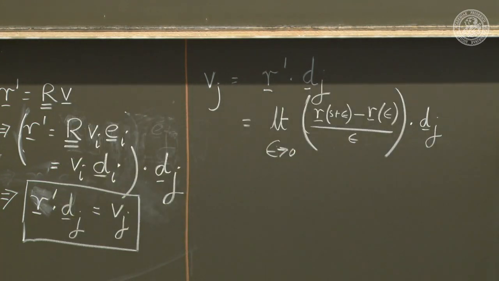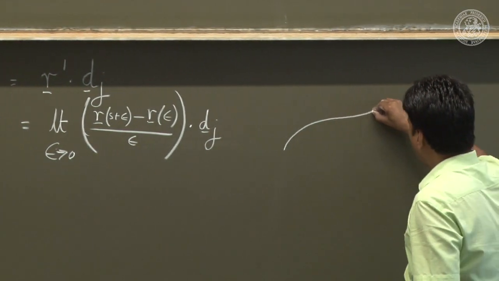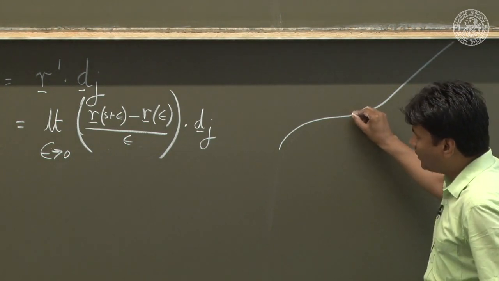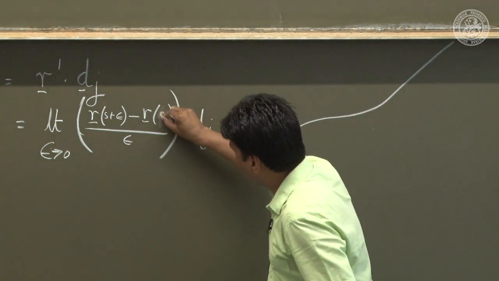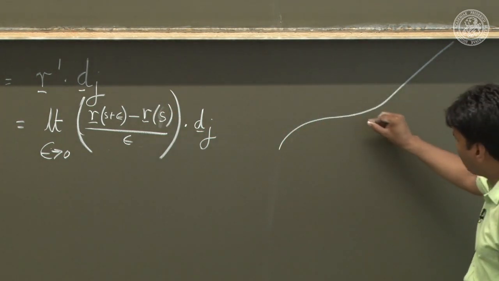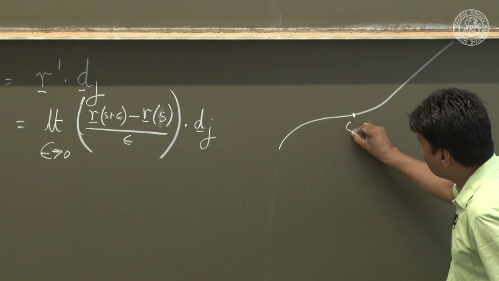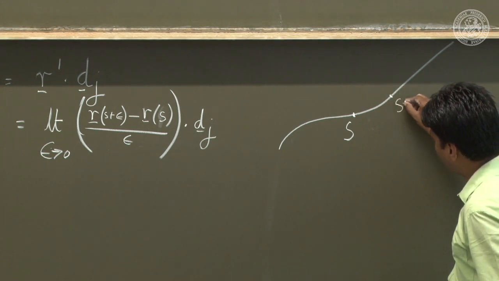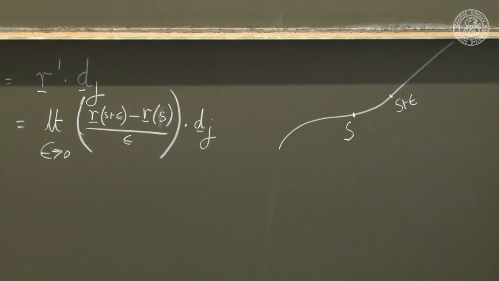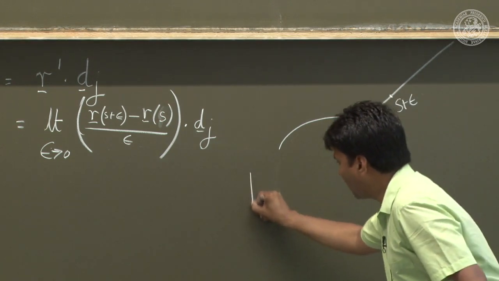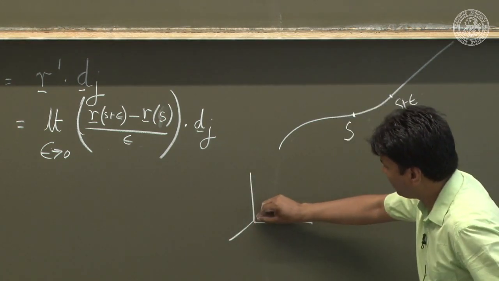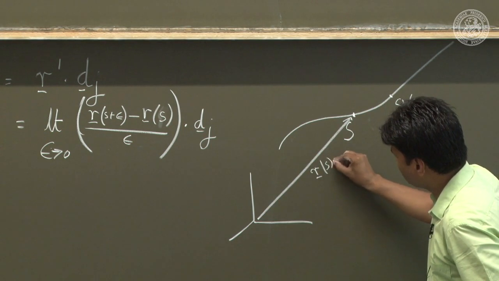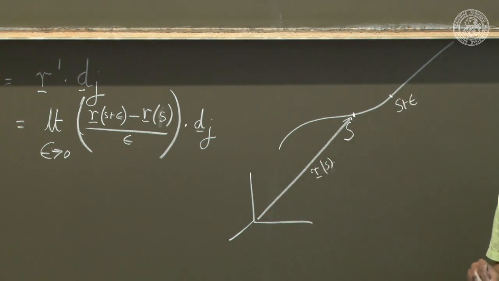So think of your rod here, and suppose this is the point S, and here is another point S plus epsilon. We have our origin somewhere. So this is your r of s, and this would become your r of s plus epsilon.